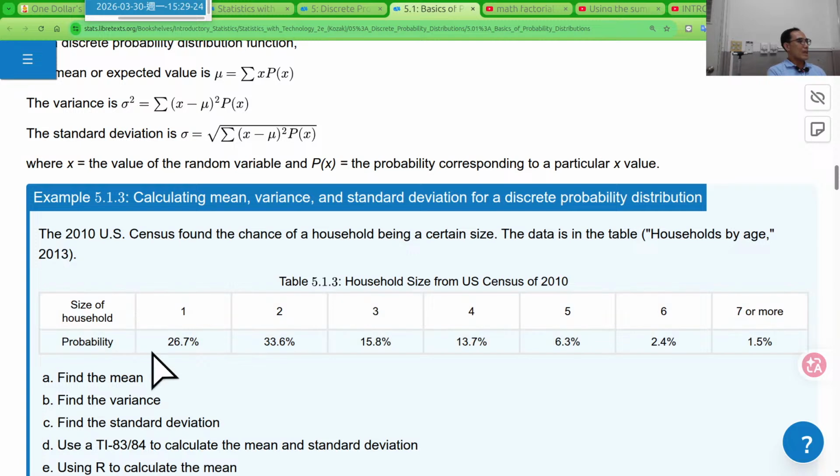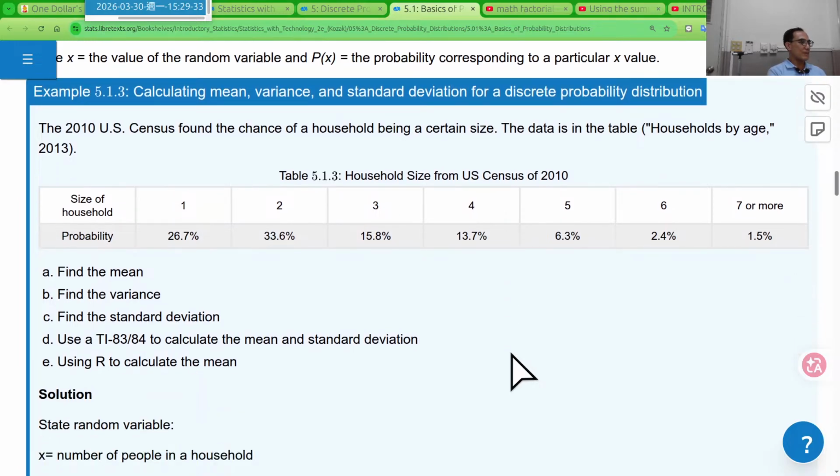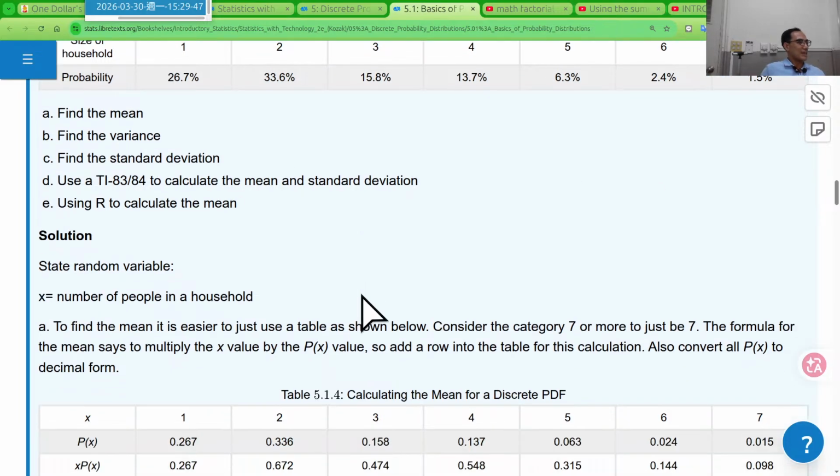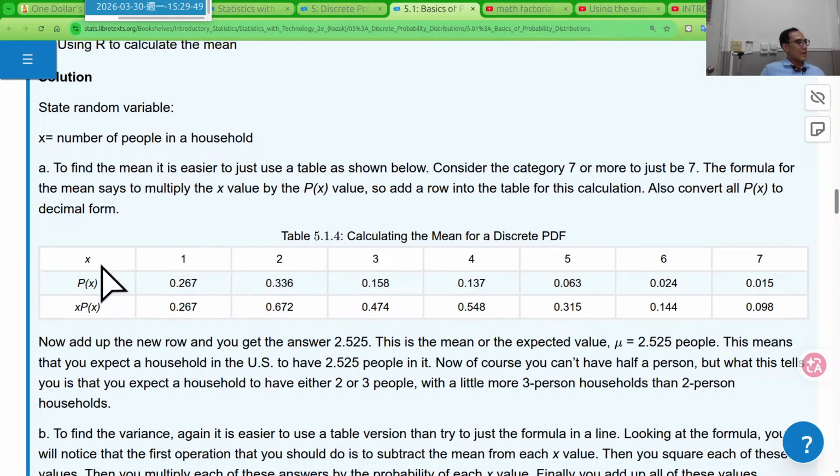Example 5.1.3, calculating mean, variance, and standard deviation for a discrete probability distribution. Here, 1 person, 2 people, 3 people, 4 people, and so on. The probability is here, and calculate here.